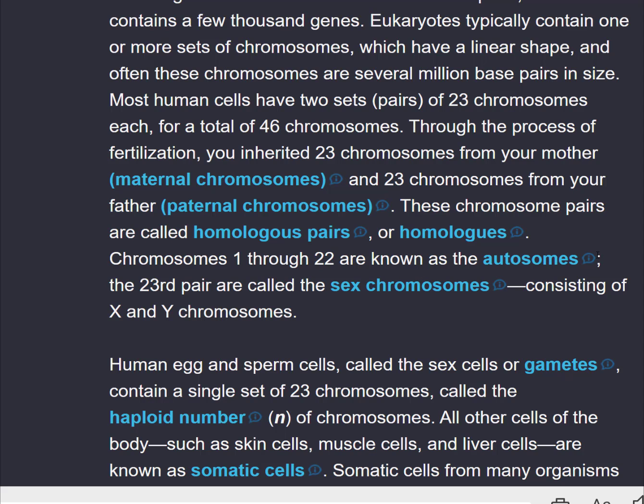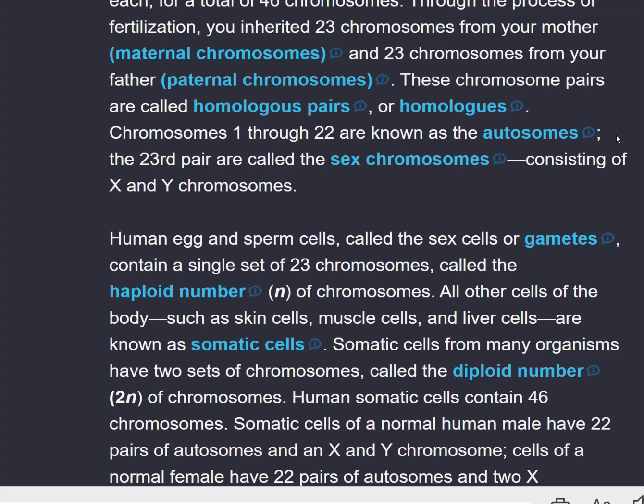Autosomes. Chromosomes whose genes are not primarily involved in determining an organism's sex. Chromosomes 1 through 22 in humans are known as autosomes. Sex chromosomes.